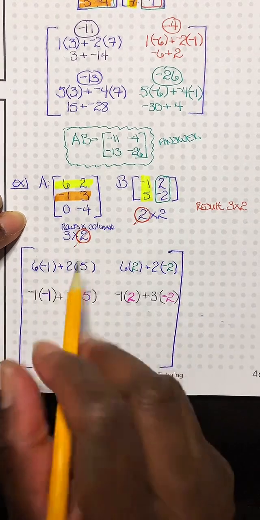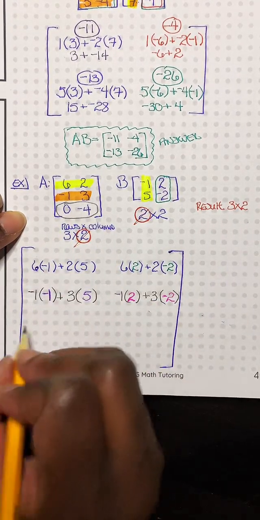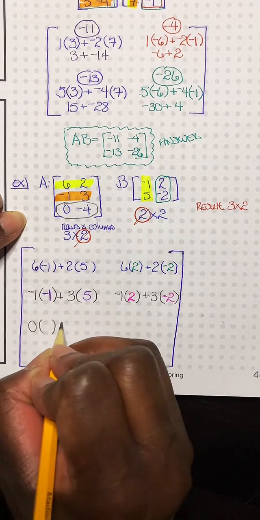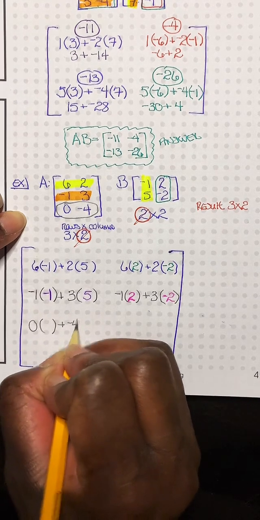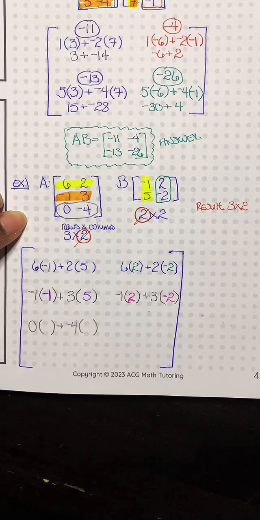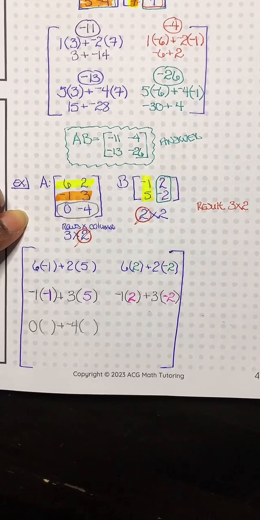And now we're going back to the last row, the third row. So we have our 0, parenthesis, plus -4, parenthesis. I need to get some more colored pens.